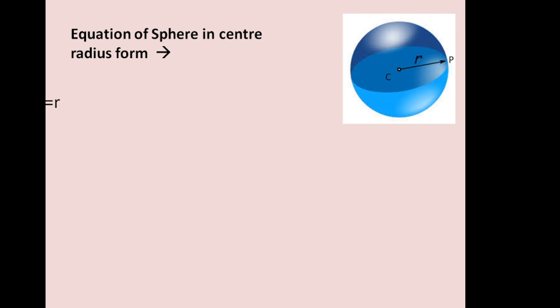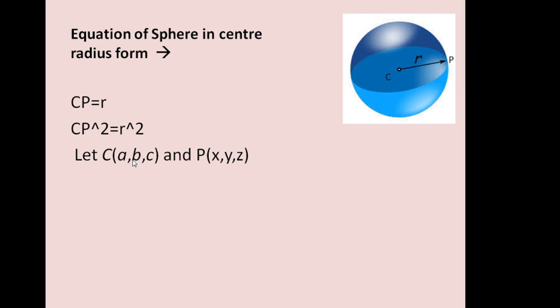Next we'll see the equation of sphere in center radius form. For that we consider a sphere with center C and radius say r. Then by definition the distance CP equals r. Squaring it we get CP square equals r square. Now find the distance CP by using the distance formula.